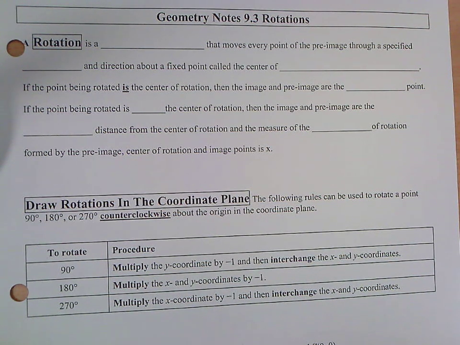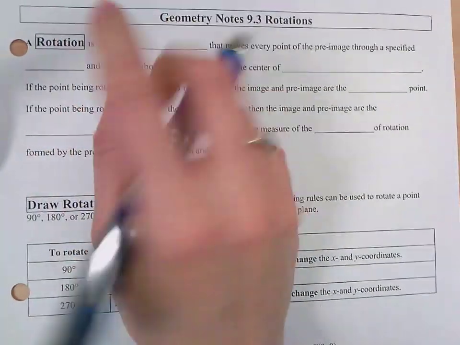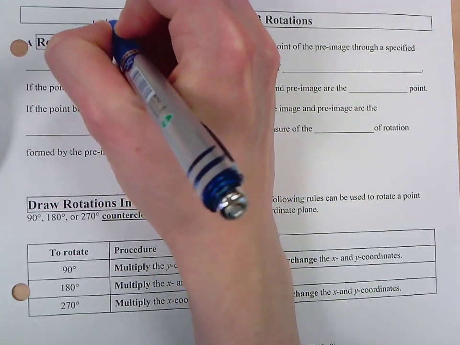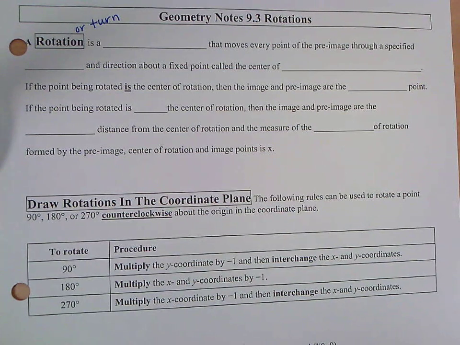So a rotation could also be described, there isn't a blank for it, but it could be described as a turn. So rotating, you're turning the object a certain amount.